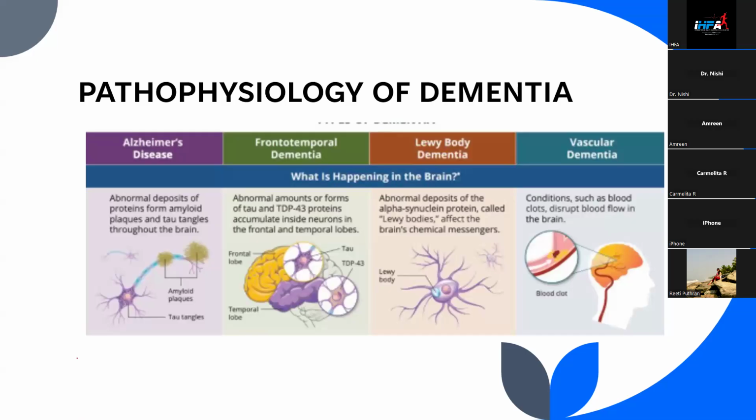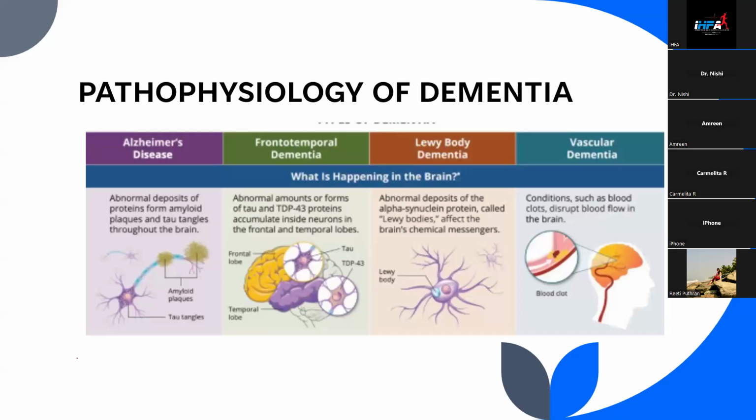Second is frontotemporal dementia. In this, the frontal and the temporal lobe will have a lot of deposition, and the major function of the frontal and temporal lobe is thinking, reasoning, doing the activities, and the temporal lobe is hearing. So these functions will be affected. Next is Lewy body.